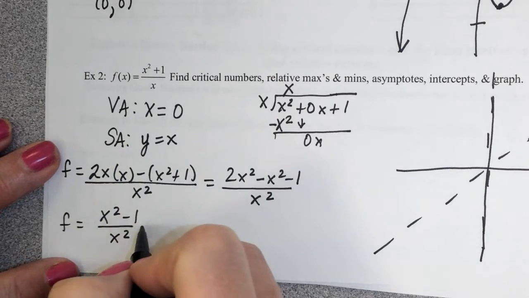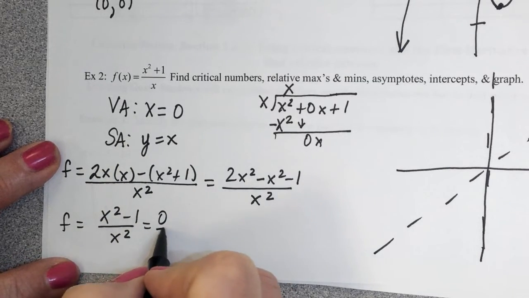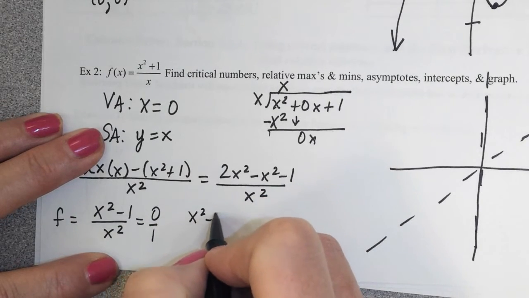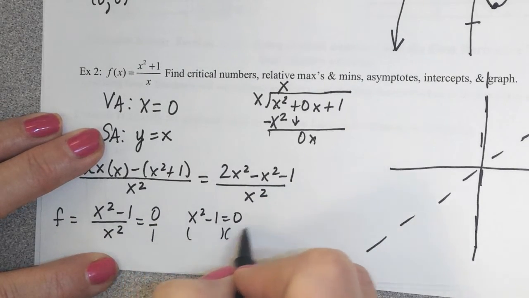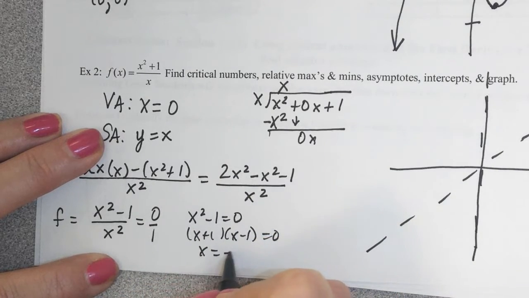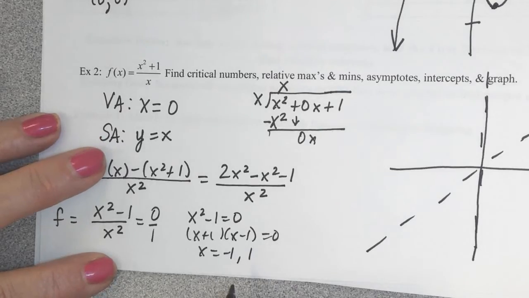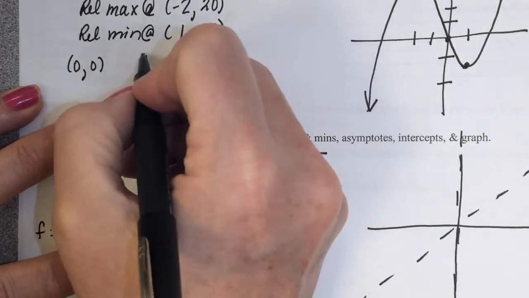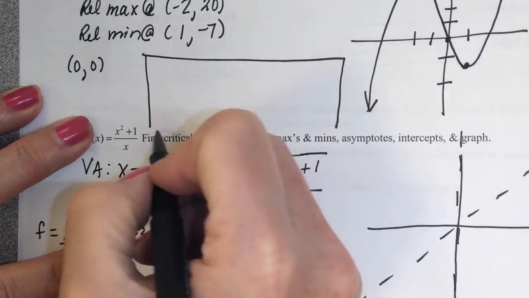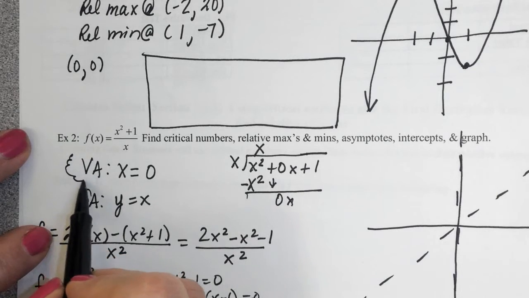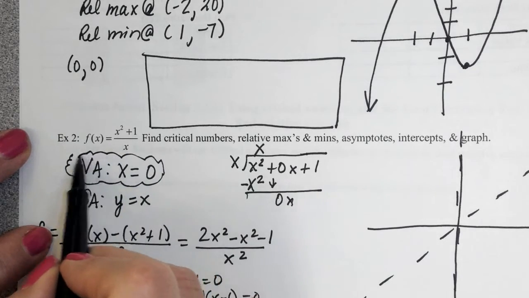So my critical numbers then are going to be whatever makes this equal 0. So I just set the top equal to 0. If I have x squared minus 1 equals 0, I factor: x plus 1, x minus 1. So -1 and +1 are going to be critical numbers. Now, up here I have a little room. I'm going to make my chart up here. What goes in my chart? Well, the vertical asymptote must, as well as those critical numbers.